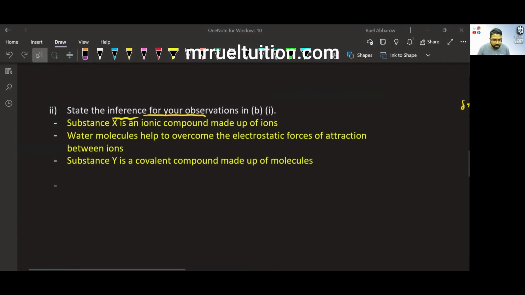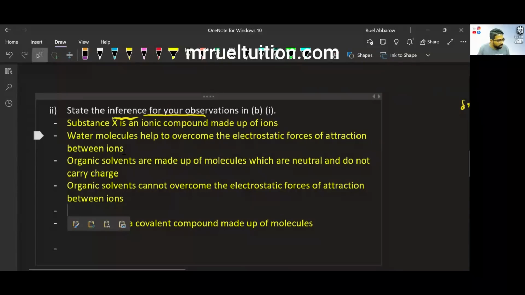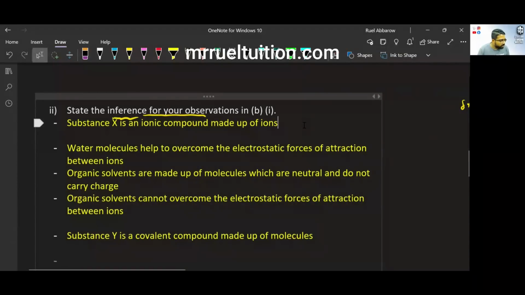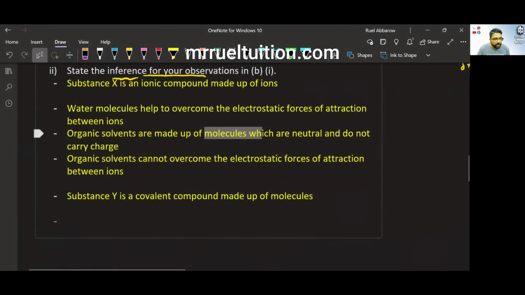Okay. So I'm just going to give you the full explanation. You don't have to write this in your answer. I just want to give you the full explanation here. The full answer would just be this. But the full explanation: organic solvents are made up of molecules which are neutral. They do not carry any charge and they're not polar.